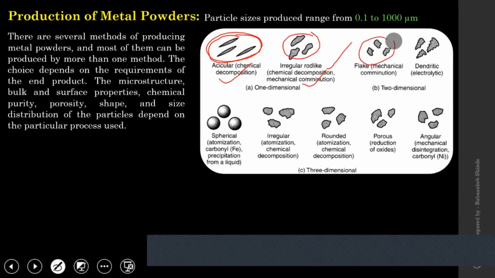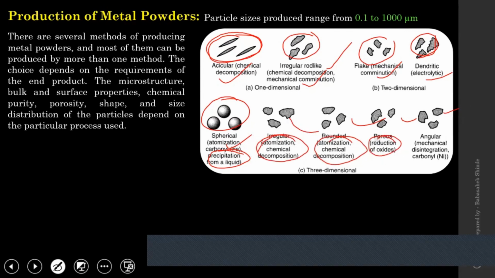For a flake-like structure, mechanical comminution is there. For a dendritic structure, electrolytic decomposition is there. When you want spherical particles, atomization or precipitation is there. Similarly, for other shapes, the techniques you can apply are mentioned here.